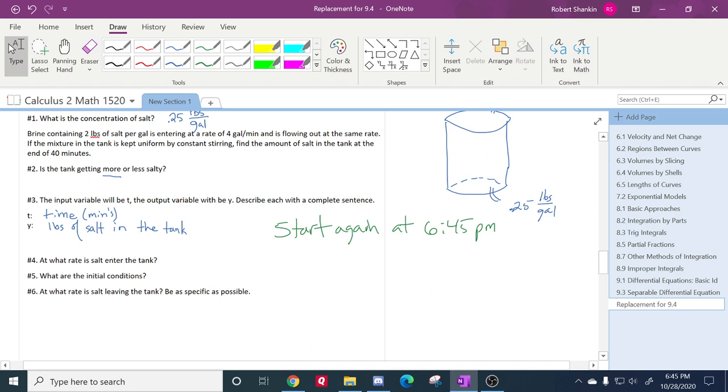And then at what rate is salt leaving the tank? Be as specific as possible. For 4, 5, and 6, we give you a little bit of time, and you can enter your answers into your group chat. But work on it individually first. I'll tell you when to hit enter.